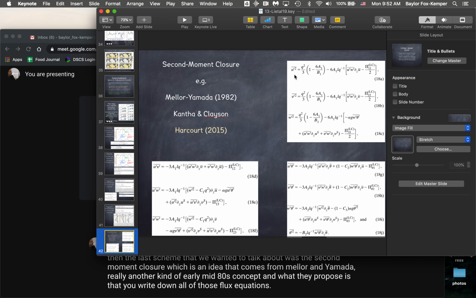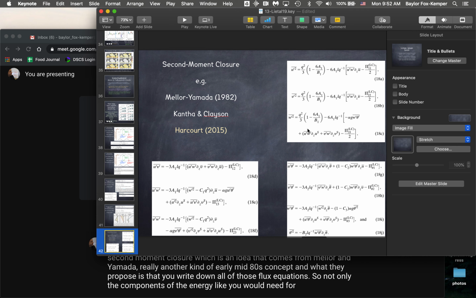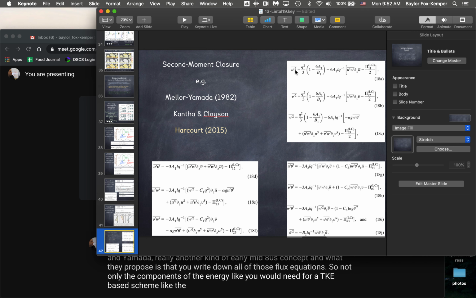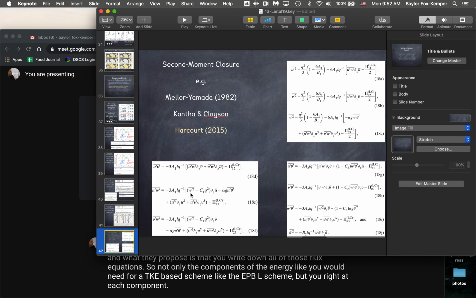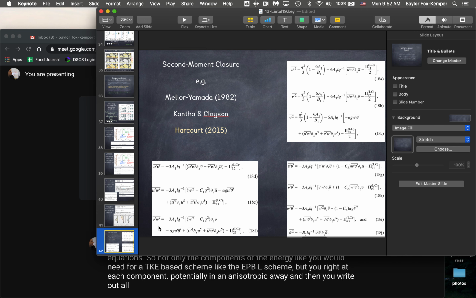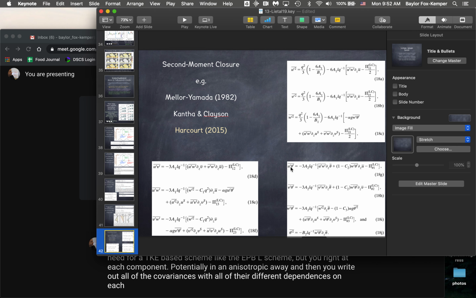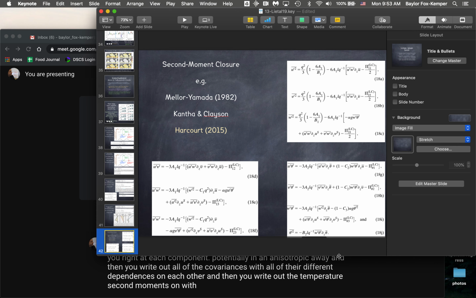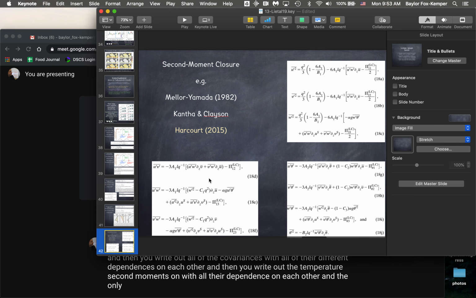So not only the components of the energy, like you would need for a TKE-based scheme like the EPBL scheme, but you write out each component, potentially in an anisotropic way. And then you write out all of the covariances with all of their different dependencies on each other. And then you write out the temperature second moments with all their dependence on each other. And the only thing you don't do is keep the higher order terms.